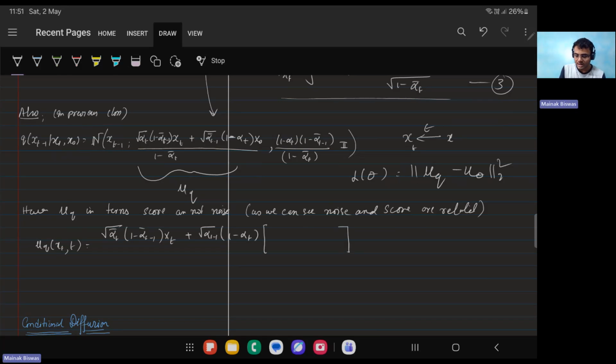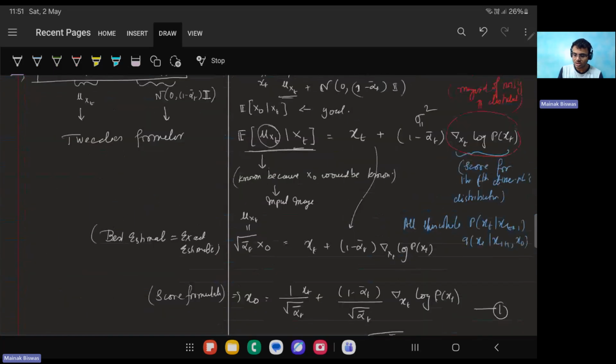What's the value of xt? 1 by root alpha t xt plus 1 minus alpha t bar, and the gradient of log of p of xt. So this is what we showed.